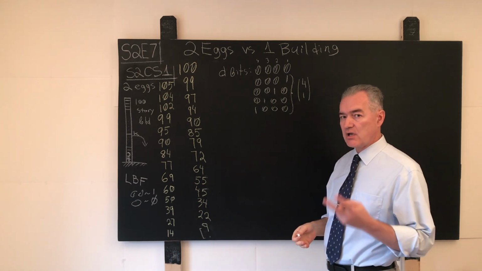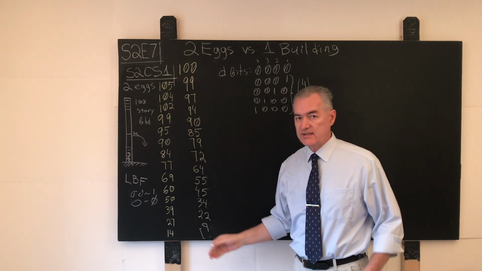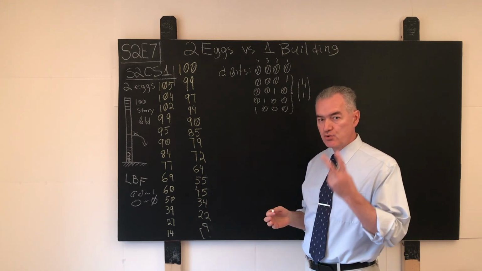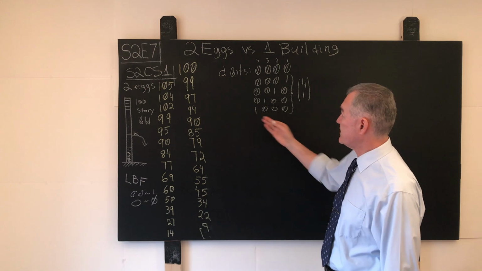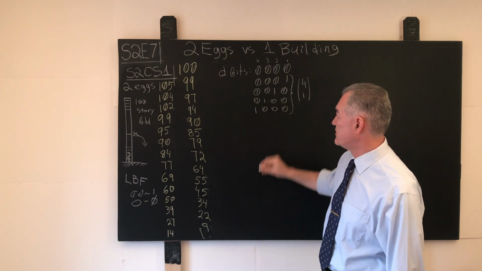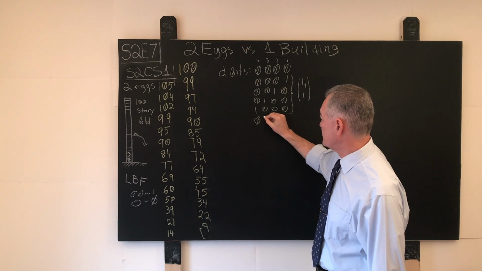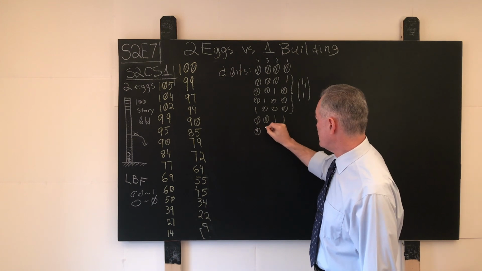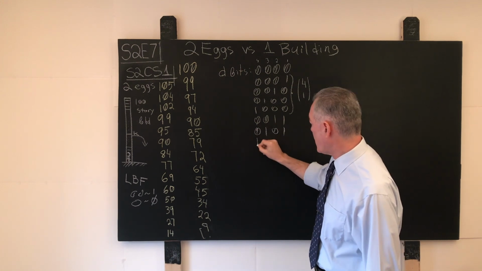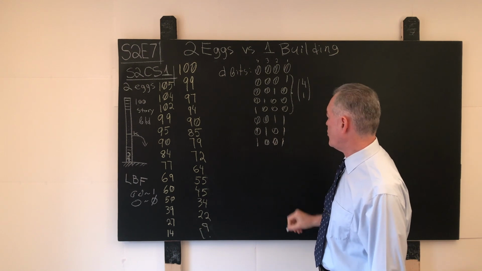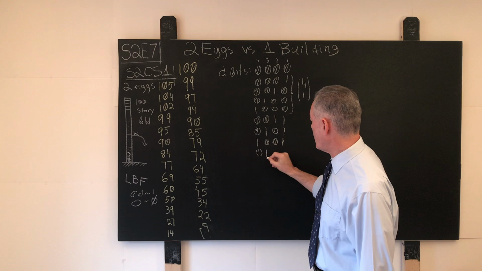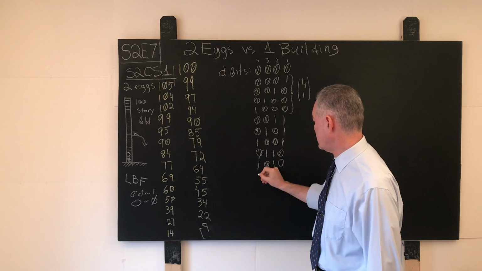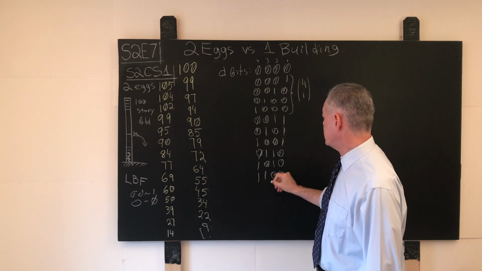And the remaining outcome, because we have 2 eggs, no matter what the testing algorithm, it can so happen that 2 eggs break, and in this case, just using 4 as a stand-in for D bits, we can record these outcomes which way? 0011, 0101, 0110, 1001, 1010, and 1100.